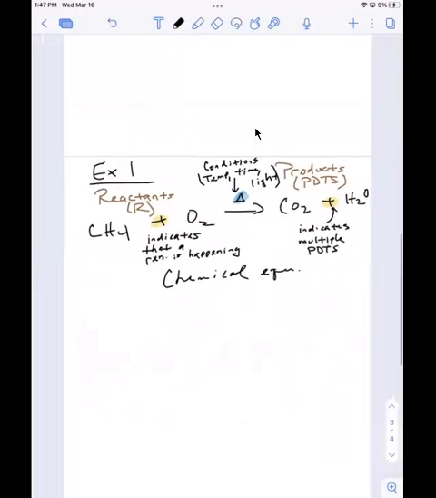Now we got a problem here, because if we look at this reaction, how many carbons are on each side? One. Just one, right?